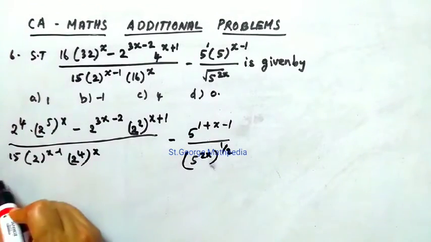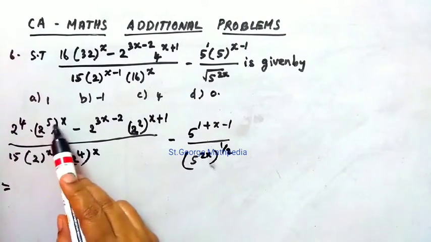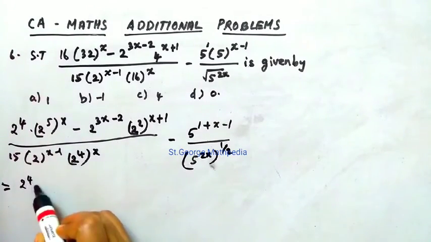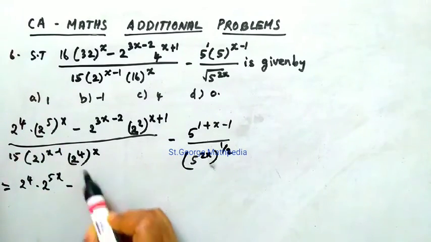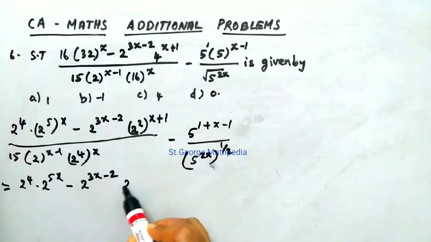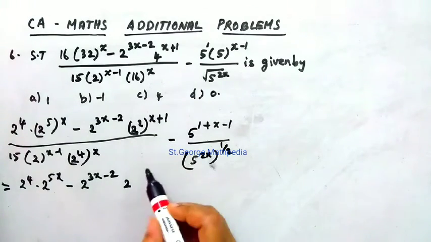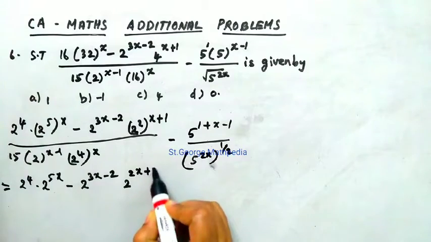Okay, this is equal to 2 to the power 4 into 2 to the power of 5x, minus 2 to the power of 3x minus 2. This is 2 to the power of 2 into x plus 1, okay, 2 into x plus 1 is 2x plus 2.